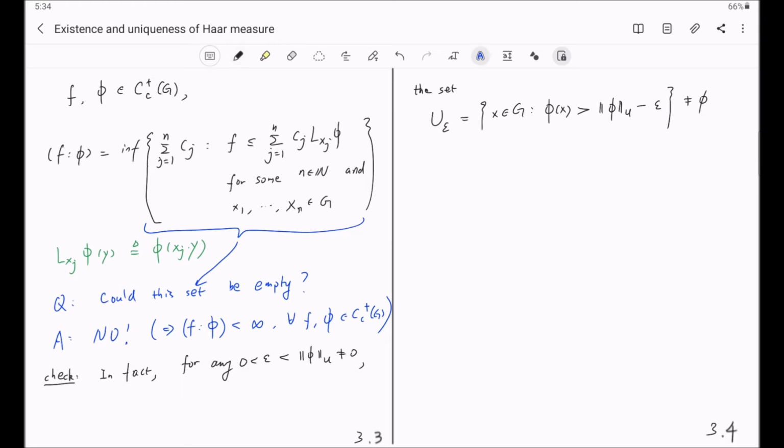And clearly, by the continuity of phi, this set is open. And of course, this is for any fixed phi in C_c^+(G). So this is for phi. And now let's turn to look at this f.